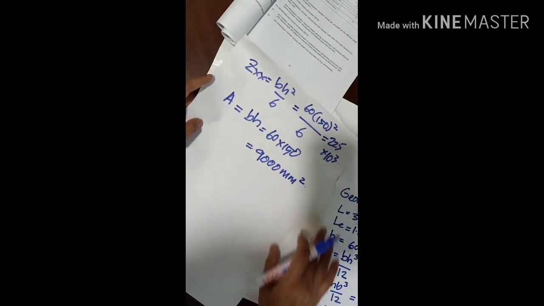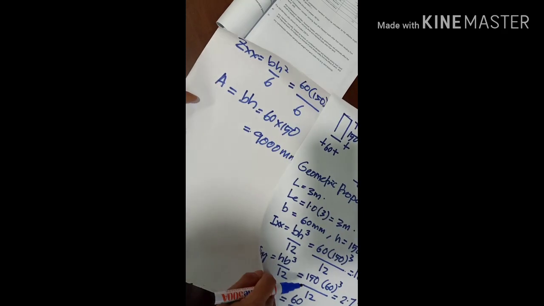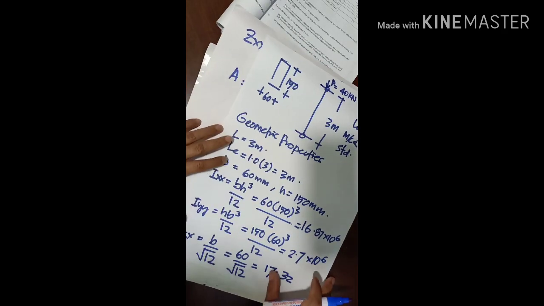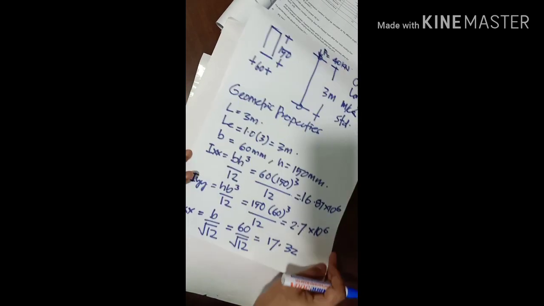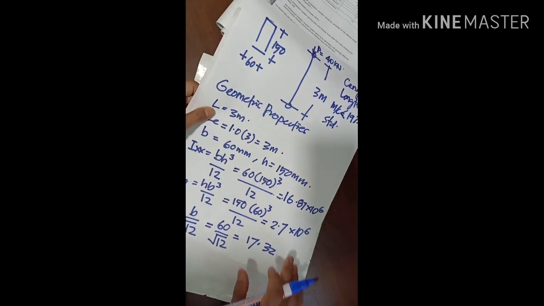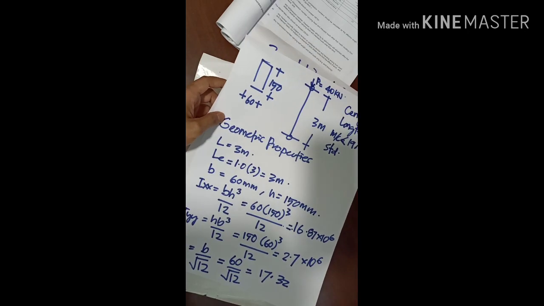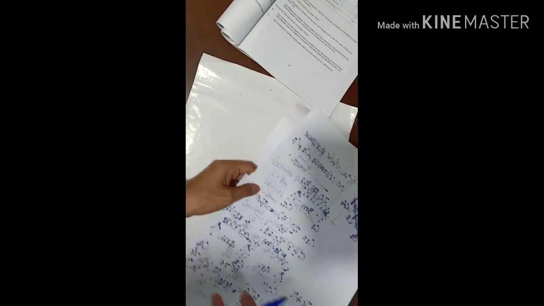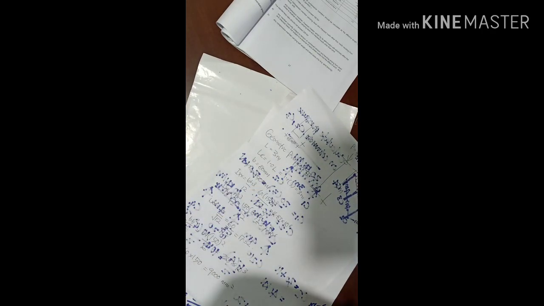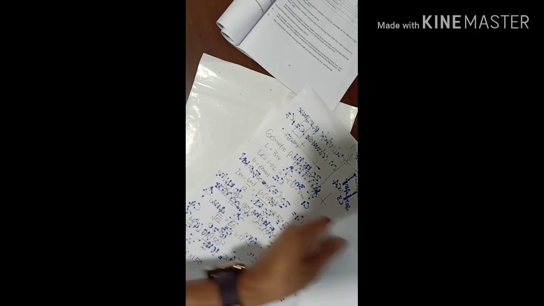Okay, so these are the geometry properties of the timber that we have to identify before we can start checking whether the section is satisfied to carry the load or not. Next step, we have to identify the slenderness ratio.